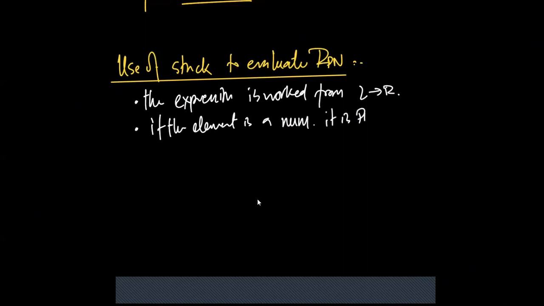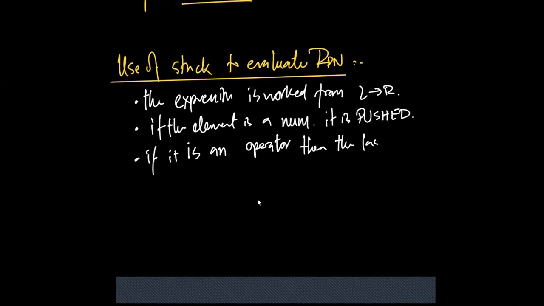If the element is a number, it is pushed onto the stack. If the element is an operator, two numbers are popped from the stack. You need to use the terminology of push and pop that you learned from your AS concepts in order to answer this.